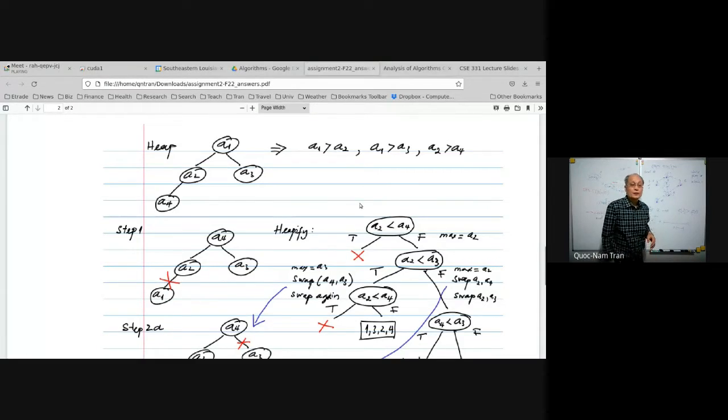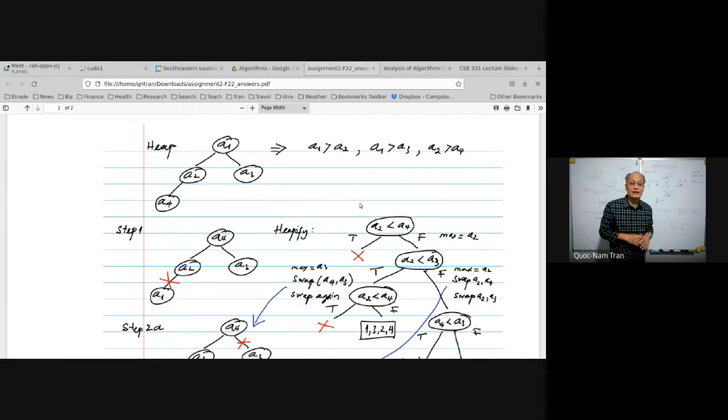Okay, so we start with a heap, right? Because if A1, A2, A3, A4 is not a heap, then the first thing we have to do is build a heap. And building a heap will give you a bunch of different scenarios. For example, you have A1 at the root, right?